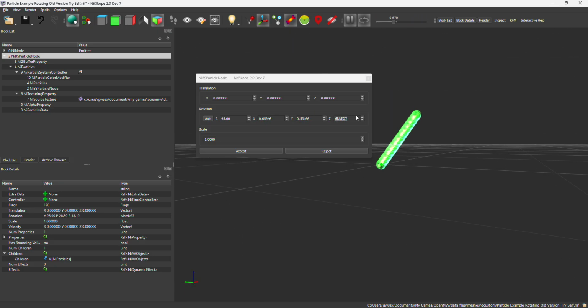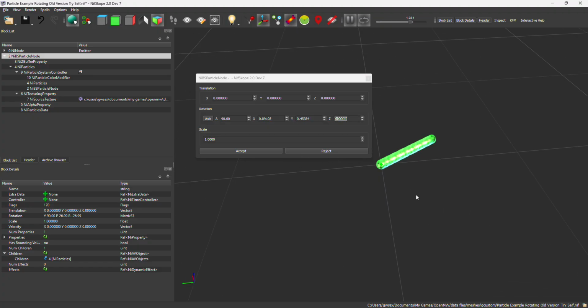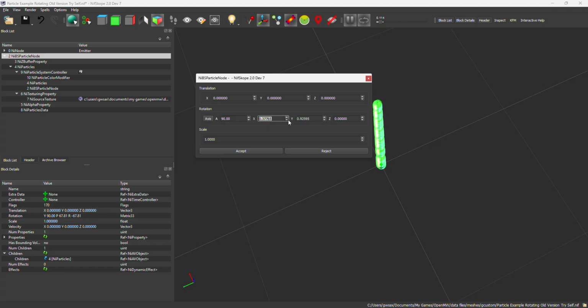And then the z-axis is just going to rotate that angle right back. So if we go 90, I think we can go 1 and 1, but I'm not sure. Go 0 here. And then you just kind of adjust it till it goes in the direction you want it to. So the more you add to 1, it'll go more towards the axis that you want it to.